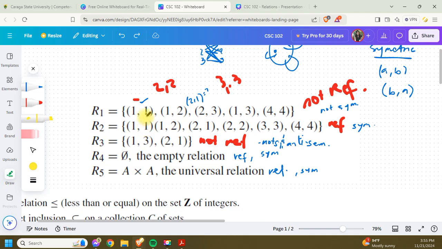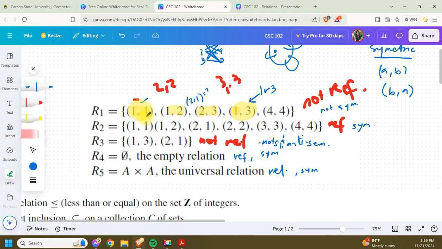Okay, so (1, 1) is transitive. (1, 2) is transitive because of (1, 1), (1, 2). (2, 3) is transitive from (1, 2) to (2, 3). Then the pair (1, 3). Sorry, (1, 1) or (1, 3). Okay, so 1 and 3. So this is actually 1 related to 3 here.